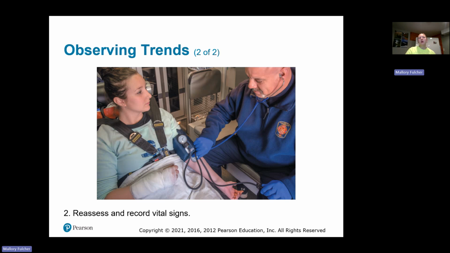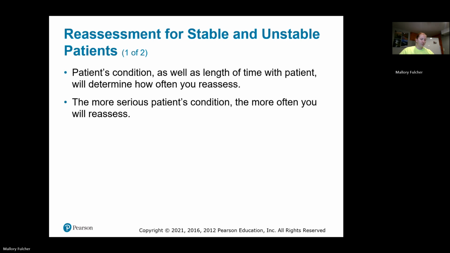If you start getting any bigger influx, there's a pretty significant change there. The other thing is if we have, say, a 2-point increase from one to the other, and then the next set we get another 2-point increase, then we start to realize that, okay, their blood pressure is going up, their heart rate is going up.